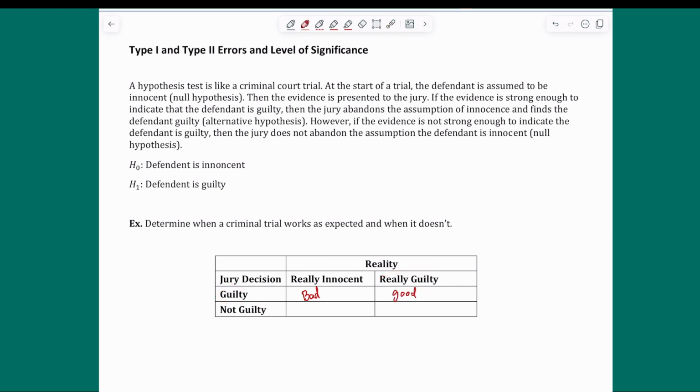If the jury decides that they are not guilty and they are really innocent, that's good. If the jury decides that they are not guilty and they are really guilty, that is a bad thing.